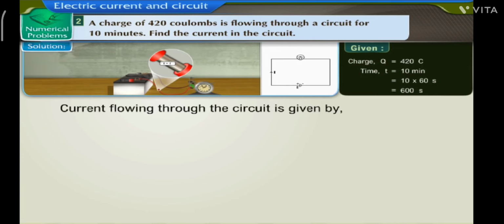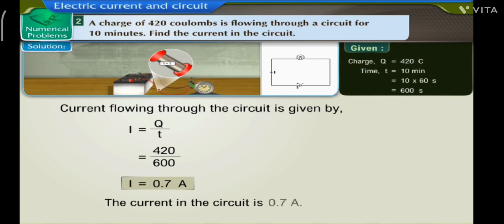Let us find the current I flowing through the circuit. It is given by I = Q/t. Therefore, I = 420/600 = 0.7 ampere. Therefore, the current in the circuit is 0.7 ampere.